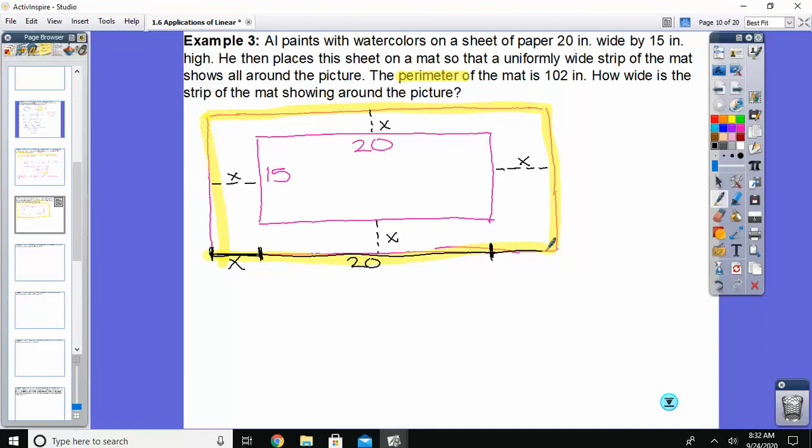How far is from here to here? So all together, how long is this side? Add them. So it'd be 20 plus 2x. We just have to add our lengths together.